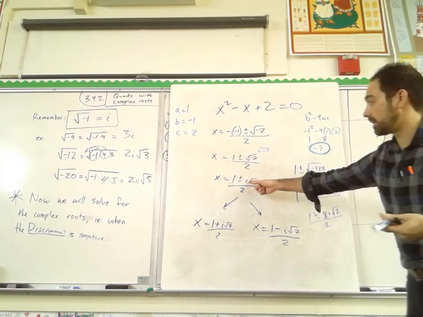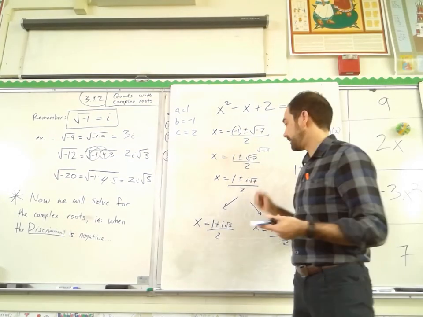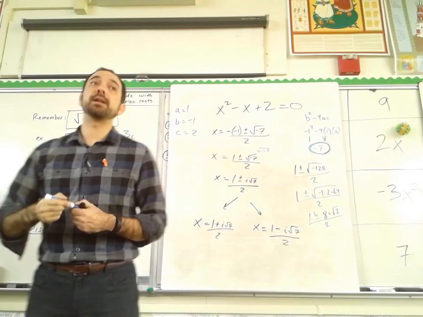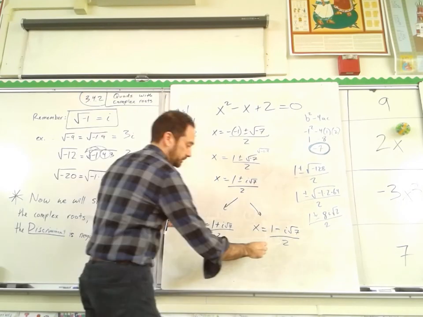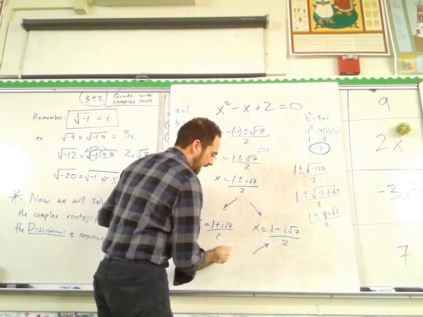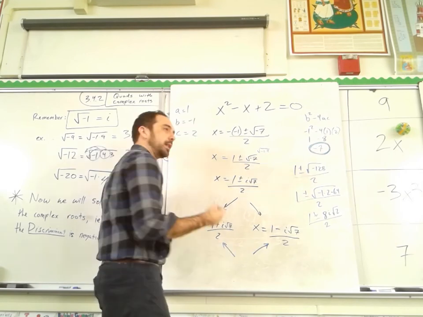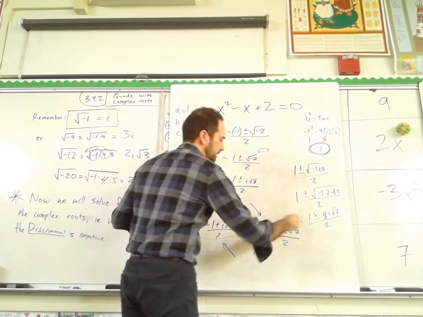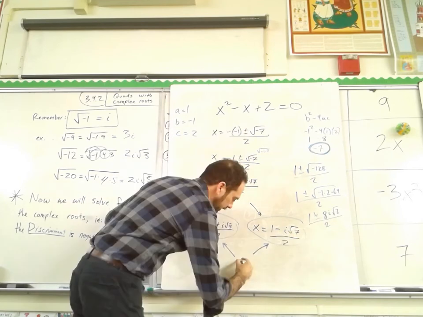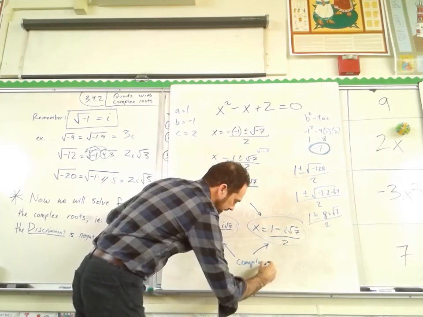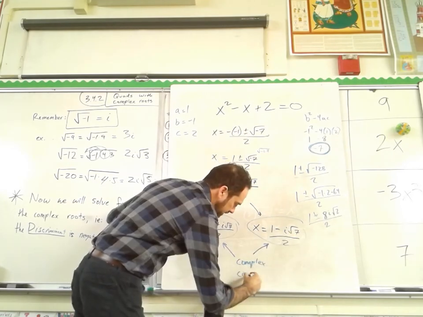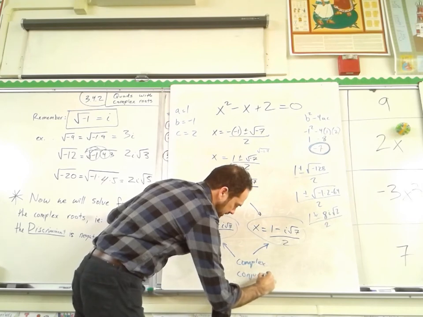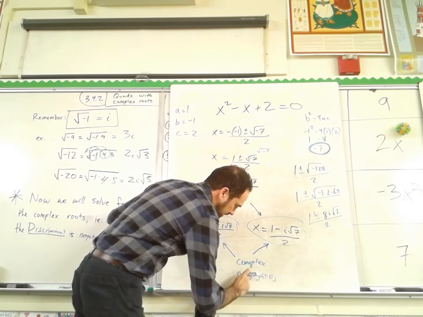I want you to write here for the last bit, and this isn't something I have to label every time, but these two complex roots are called complex conjugates.